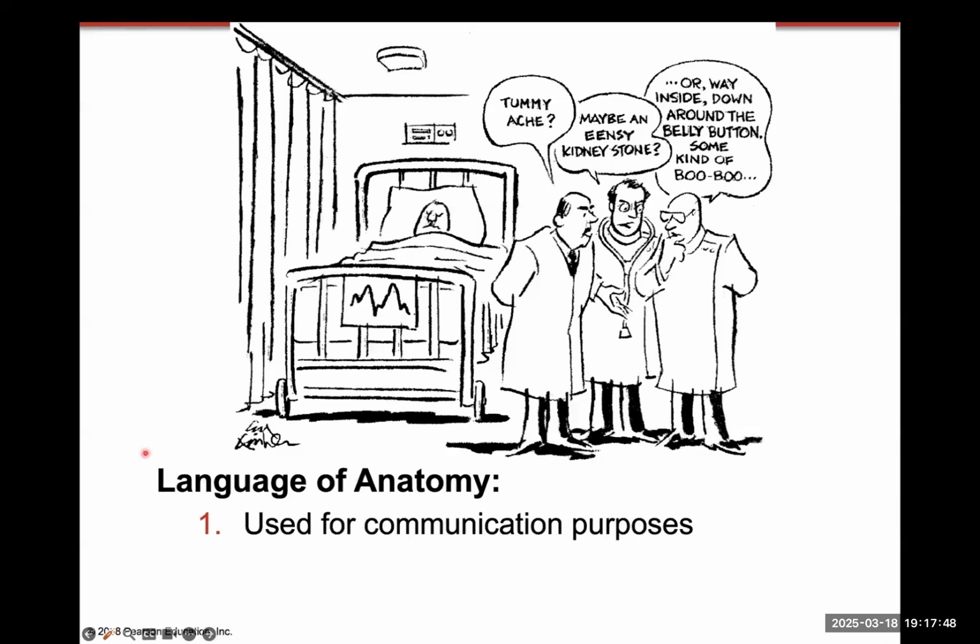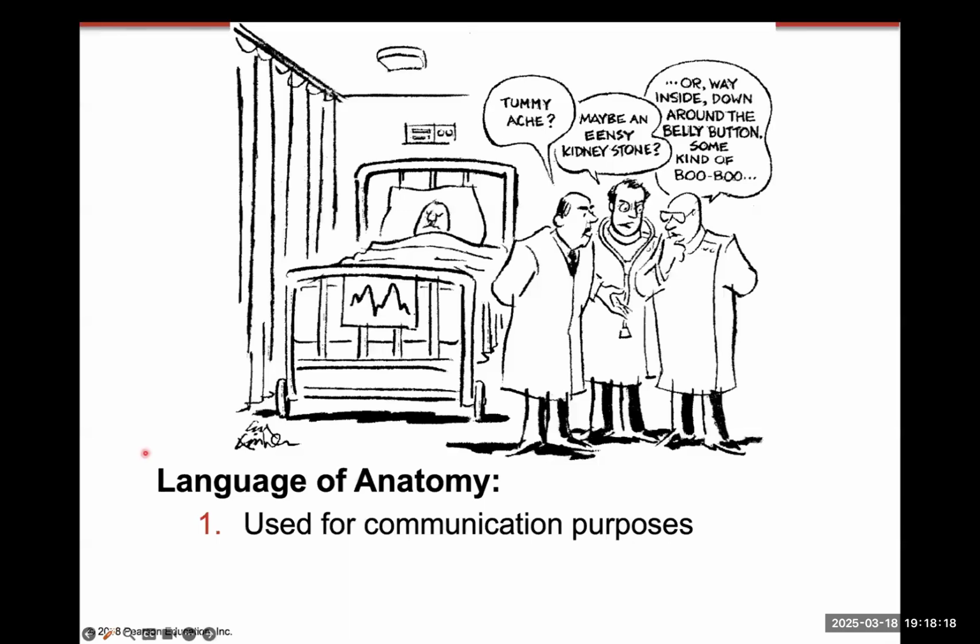In the English dictionary, a word might have multiple definitions, but in anatomy, that word has one definition. So let's say you're working in a hospital or emergency room, or in some situation where you need to tell someone to make an incision from medial to lateral, so they know which direction you need to go in.